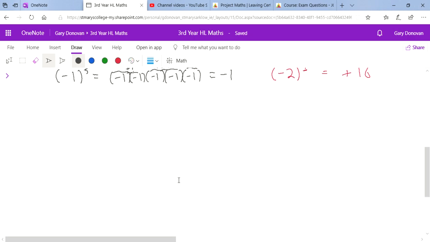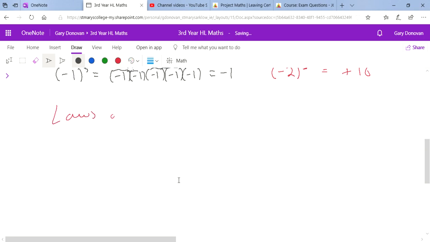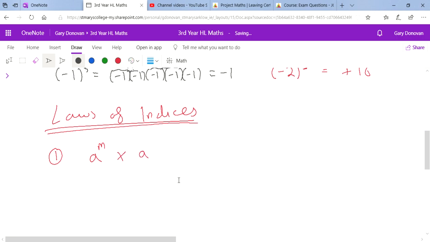The second thing I want to do is look at the laws of indices. And we're just going to do the first 4 today. And you should remember these now because we've gone through them a couple of times. So the first one is any number to the power of m multiplied by the same number to the power of n is equal to that number to the power of m multiplied by n.